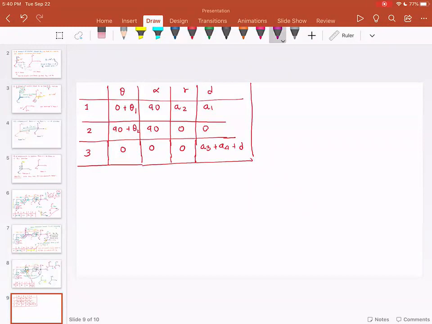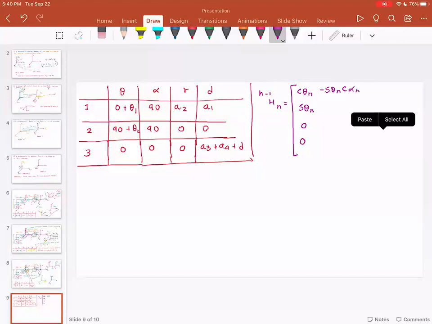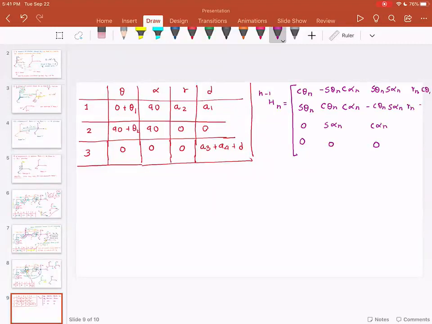If you are trying to find the homogeneous transformation between n minus 1 and n, this homogeneous transformation is given as cosine theta n, sine theta n, 0, 0, minus sine theta n cosine alpha n, cosine theta n cosine alpha n, sine alpha n, 0, sine theta n sine alpha n, minus cosine theta n sine alpha n, cosine alpha n, 0, Rn cosine theta n, Rn sine theta n, dn, and 1.